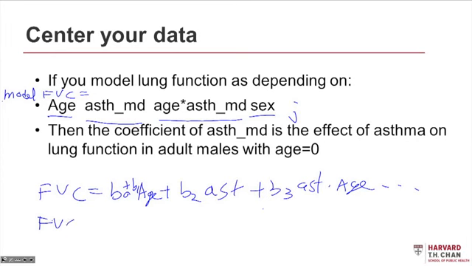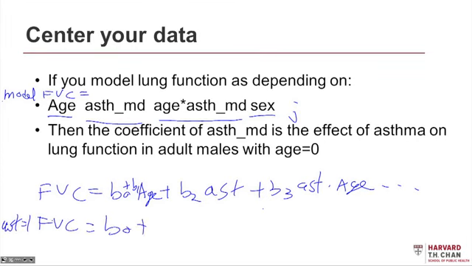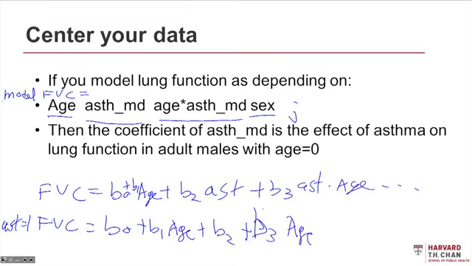Then FVC is B0 plus B1 age plus B2, because asthma is 1, plus B3 age, because again, asthma is 1, right? So in asthmatics, this is how lung function grows with age. It's B1 plus B3. That's the total effect of age.